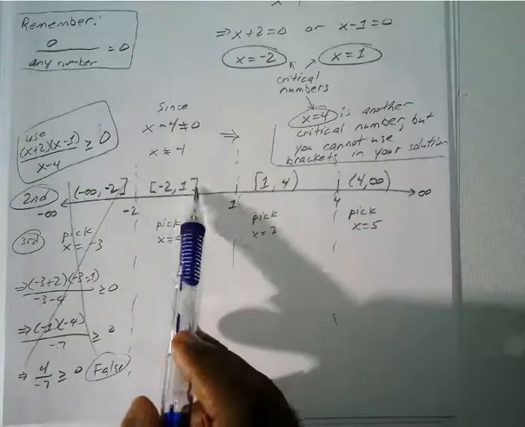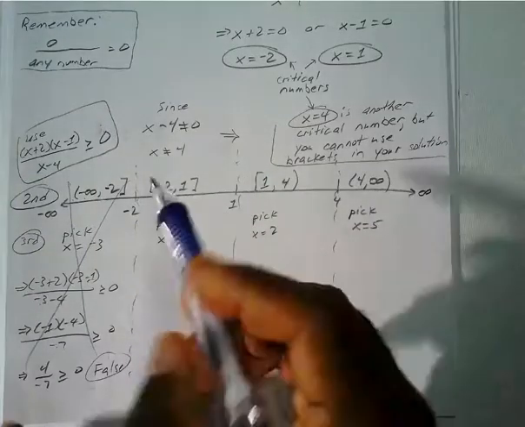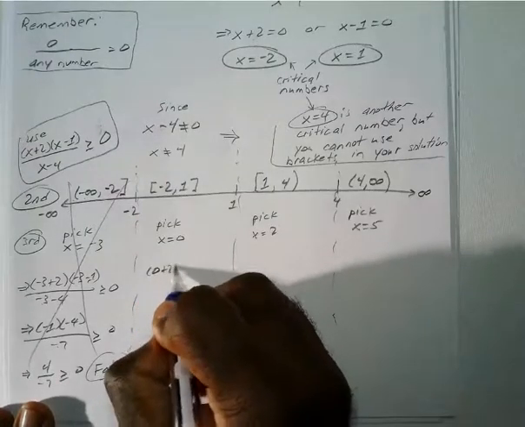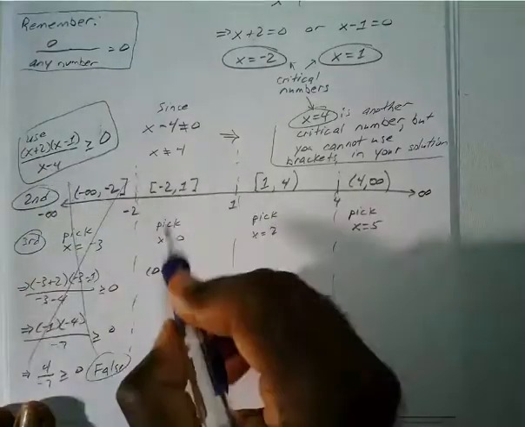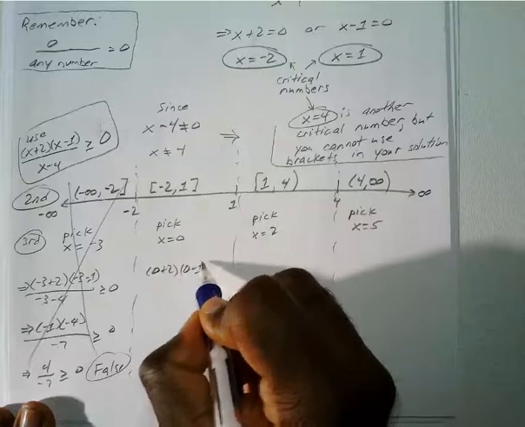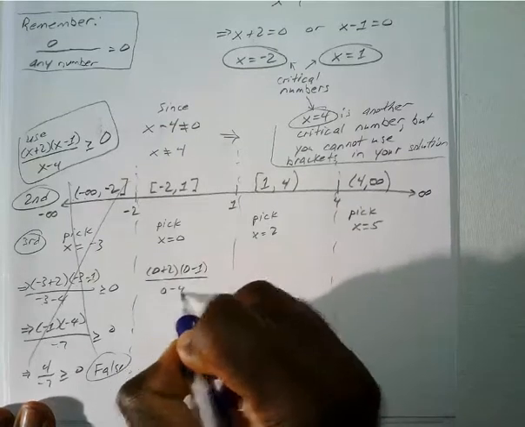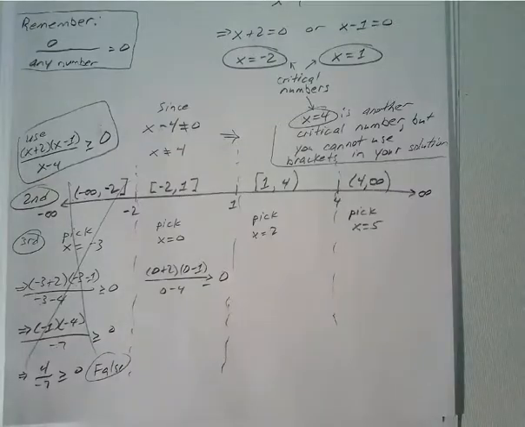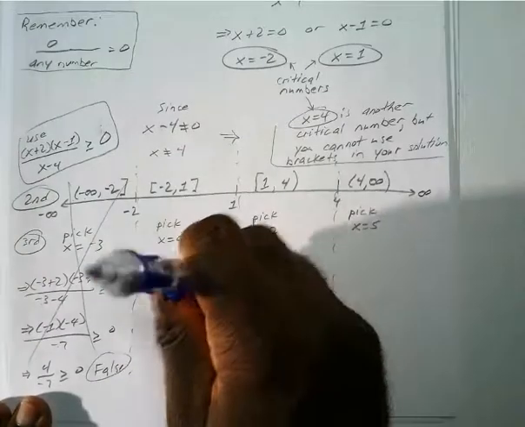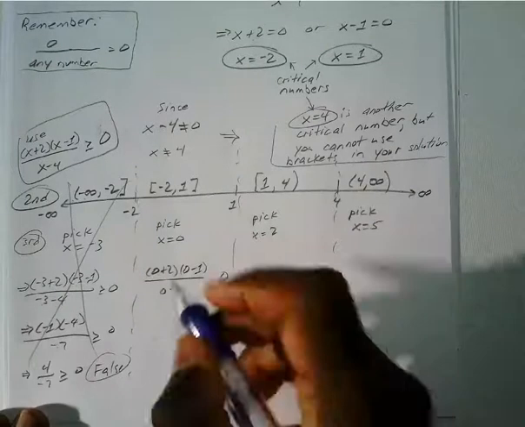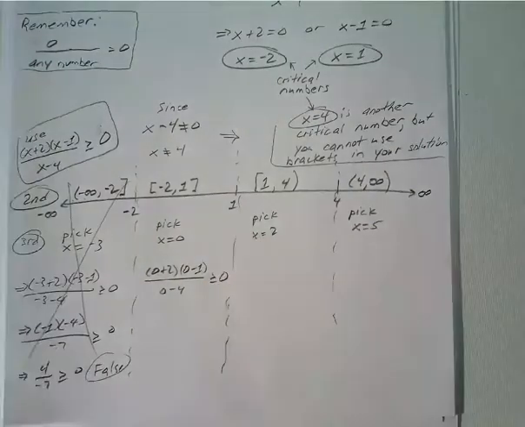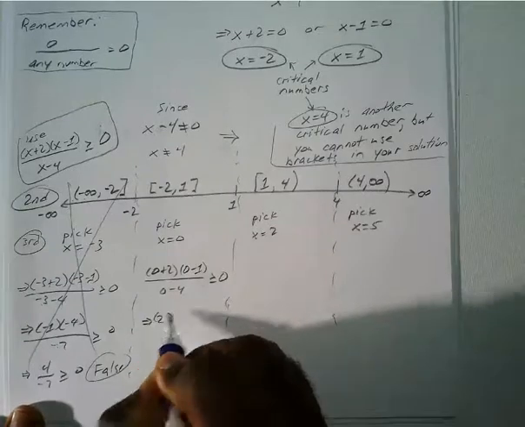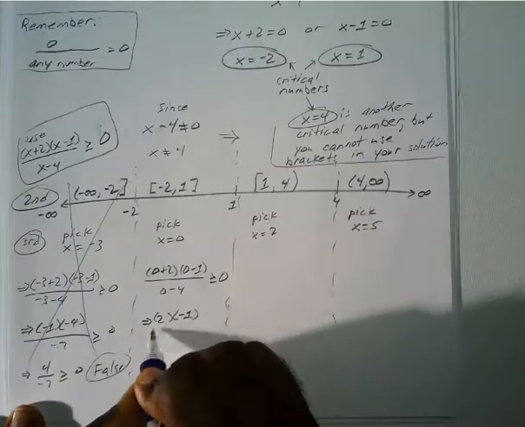Okay, so from negative 2 to 1, we picked x equals 0. So we have 0 plus 2, again, just plugging it into that one, times 0 minus 1 over 0 minus 4 is greater than or equal to 0. Alright, 0 plus 2 is 2. 0 minus 1 is negative 1.